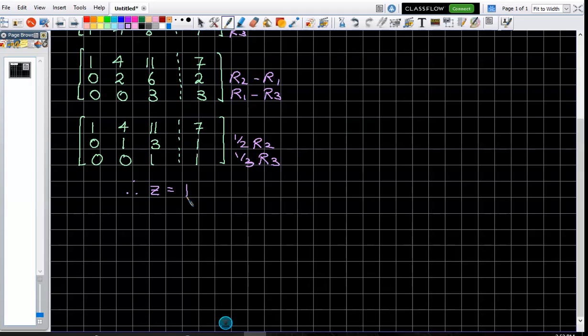What do we do next? Sub back into up here. Okay, so it would now be y plus 3z, which is 3, equals 1. So therefore y is minus 2. And then we sub to get x.